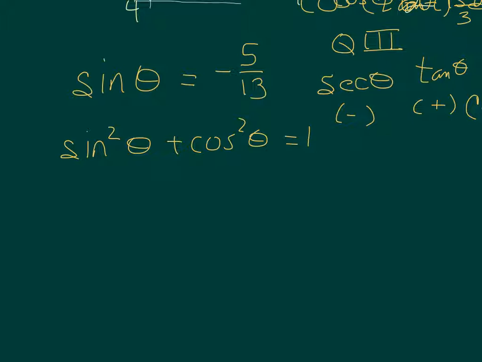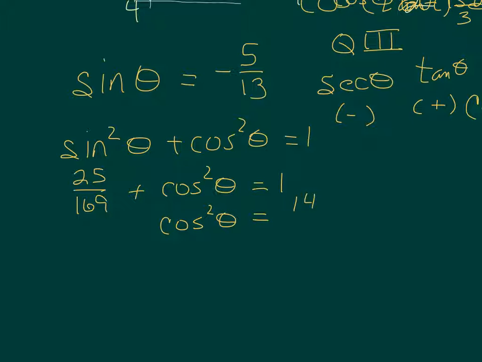So we have 25 over 169 plus cosine squared equals 1. So cosine squared equals 144 over 169.